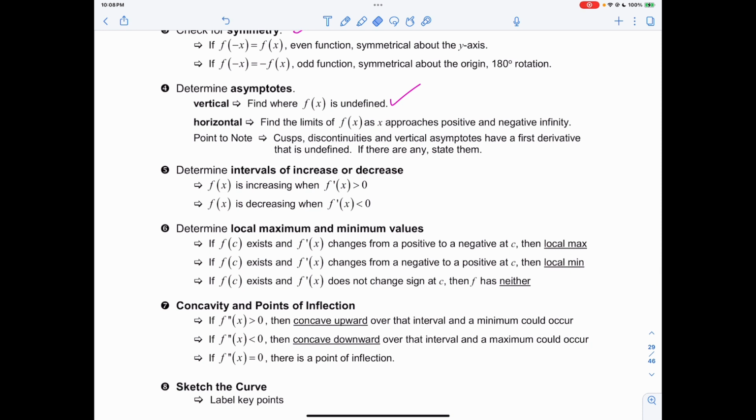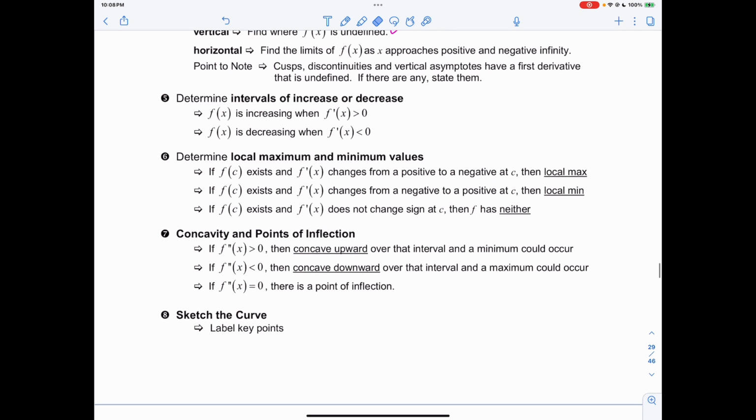For cusps, if discontinuities and vertical asymptotes have a first derivative that is undefined, make sure that you're stating those cusps. Then we determine the intervals of increase and decrease. Increase when f prime of x is greater than 0, and decrease when f prime of x is less than 0.